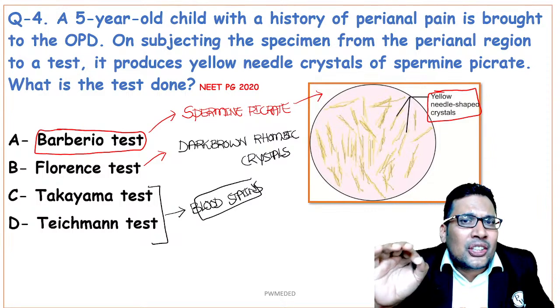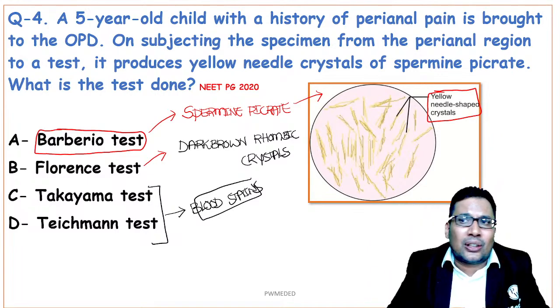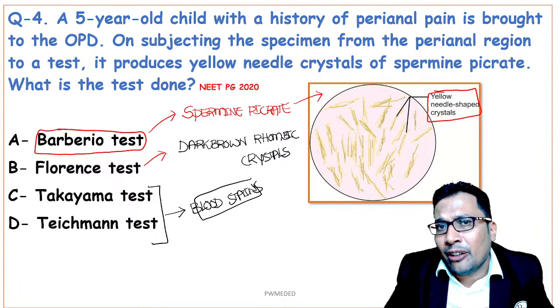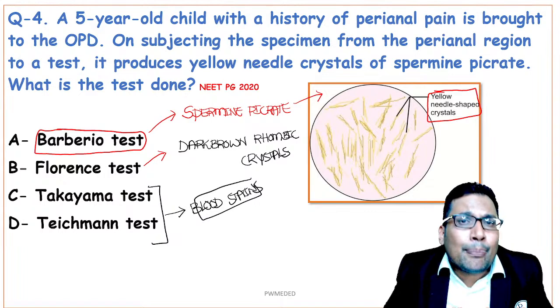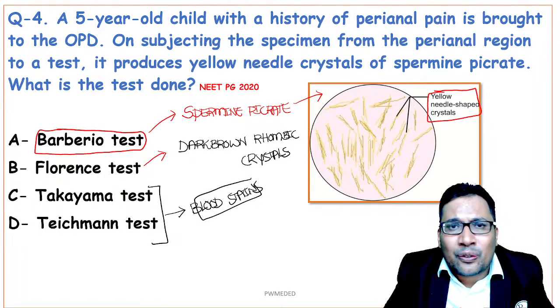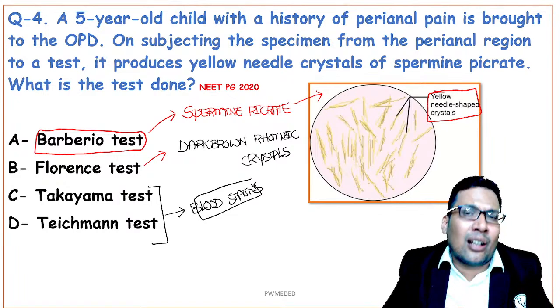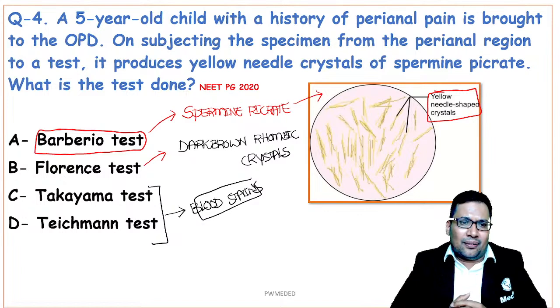In Teichmann test, you will see brown rhombic crystals. So that can be asked in your exam. Both are tests for the blood stain. They are hemin crystal tests, confirmatory tests for blood stain.